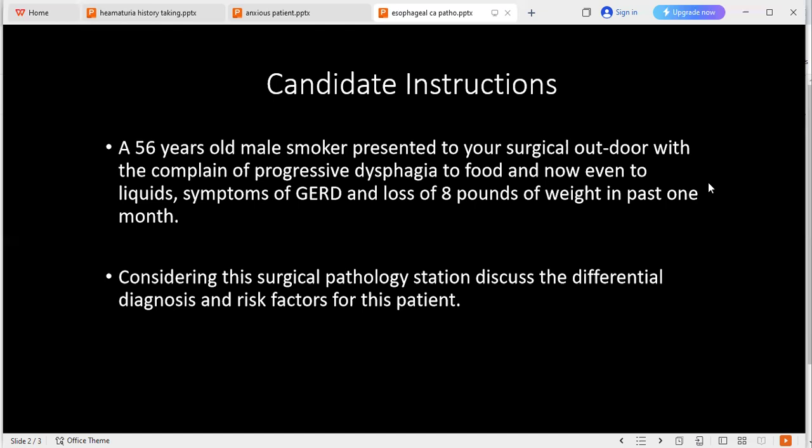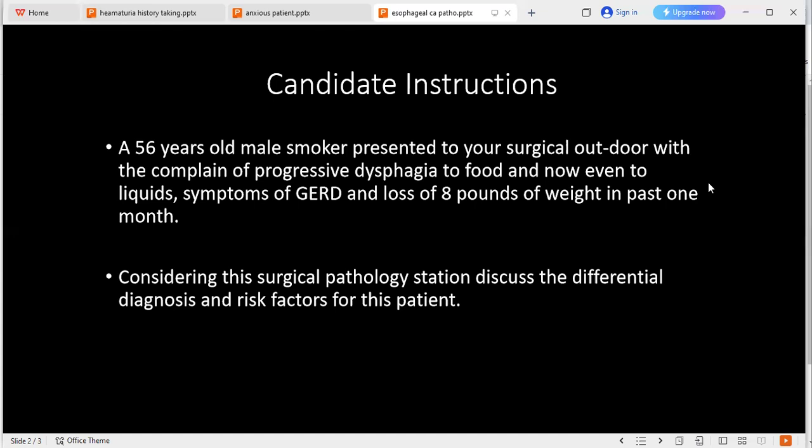How would you manage this patient? According to the stage, if operable, I may do mucosal resections, submucosal resections, or esophagectomy, McKeown or Ivor Lewis, plus feeding jejunostomy, plus chemoradiotherapy.